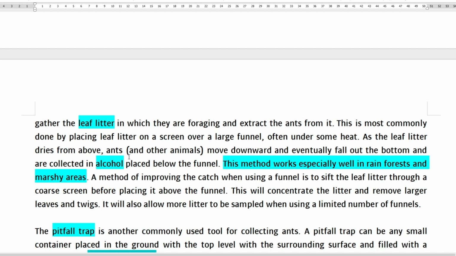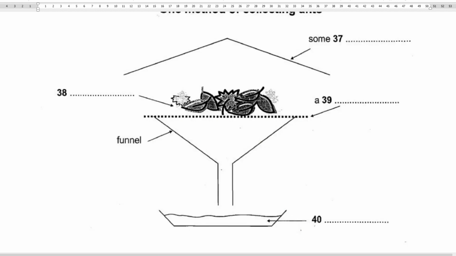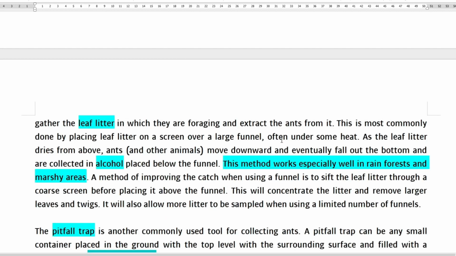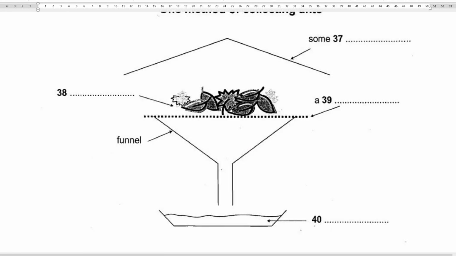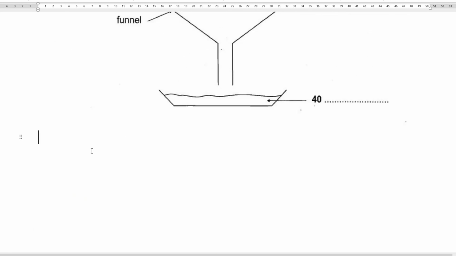So by placing leaf litter on a screen over a large funnel, often under some heat, we have number 37 as heat.